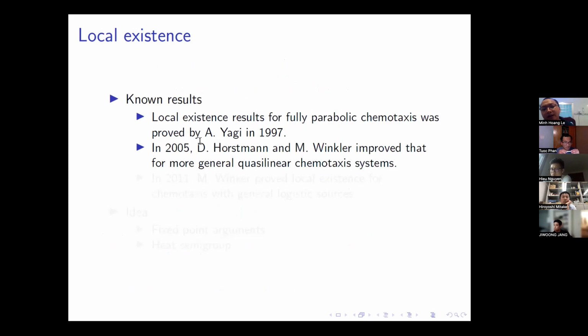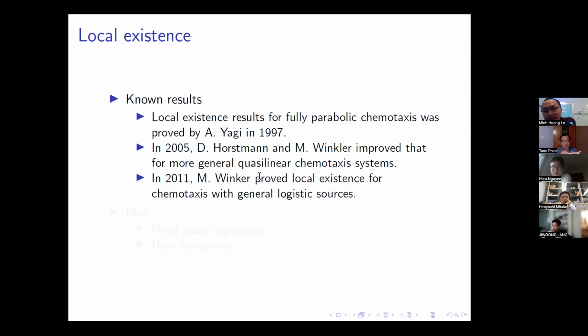In 2005, they adopted and modified the method of 1997 for general quasi-linear chemotaxis systems, and the paper in 2011 by Winkler proved global existence of solutions with general logistic sources. The idea is you express the solution using the semigroup and L^q estimates for the semigroup, and then you use a fixed point argument to obtain the local existence result.